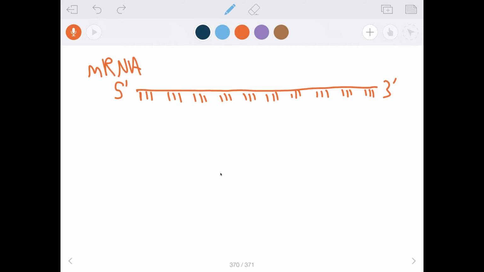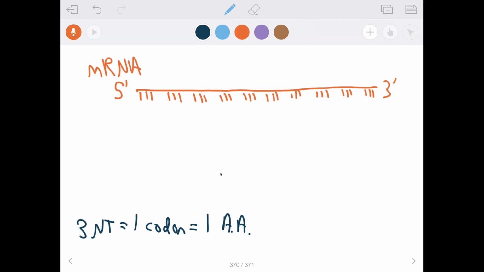It reads it as 3 nucleotides equals 1 codon, and 1 codon codes for 1 amino acid. So 3 nucleotides equals 1 codon. 1 codon codes for 1 amino acid. So each triplet codes for 1 specific amino acid.